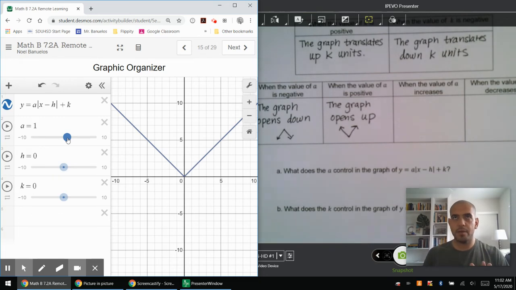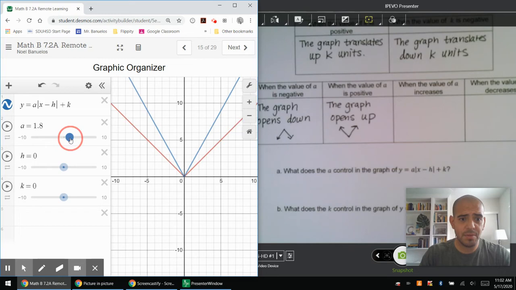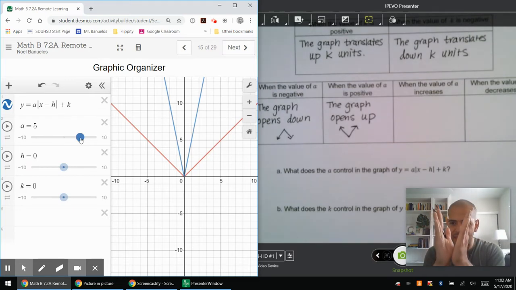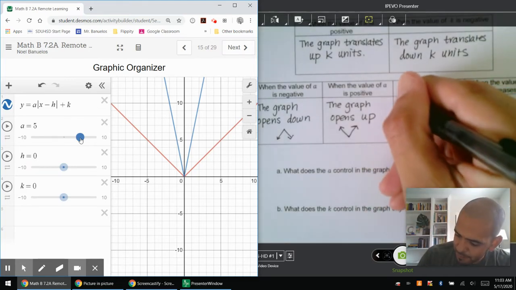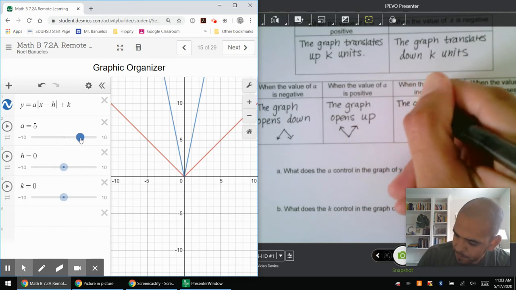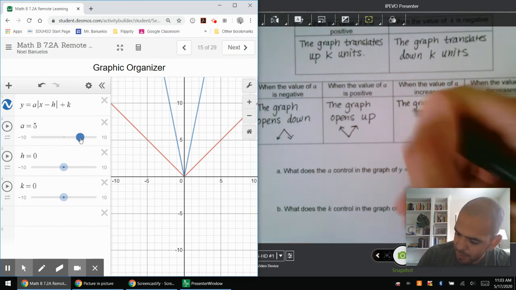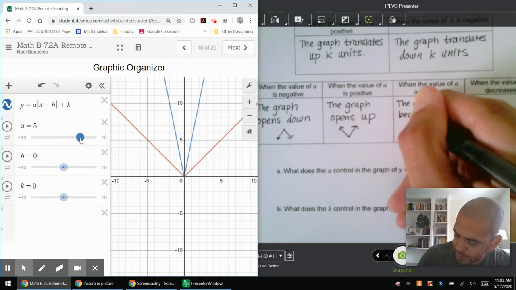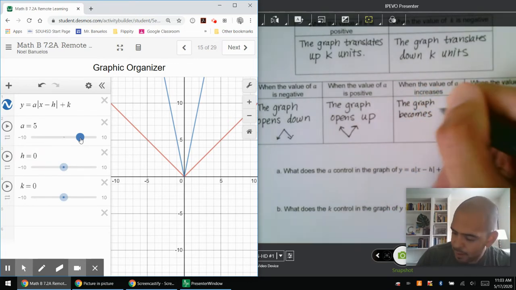When a is 1 with the absolute value of x, your parent function, a is 1. So when the value of a increases, so let's increase it to 2, to 3, to 4, to 5, what is happening to the V? Well, the graph becomes narrower.